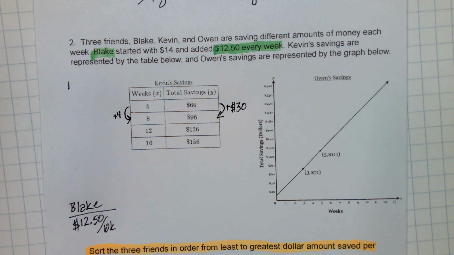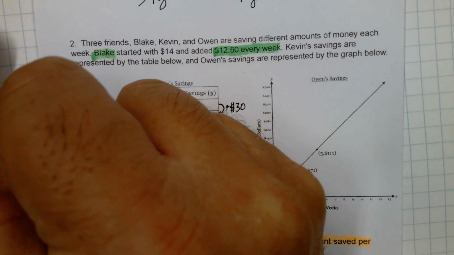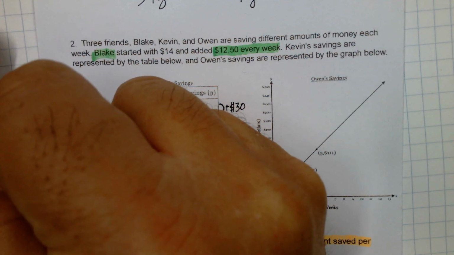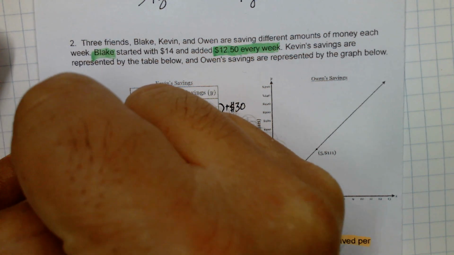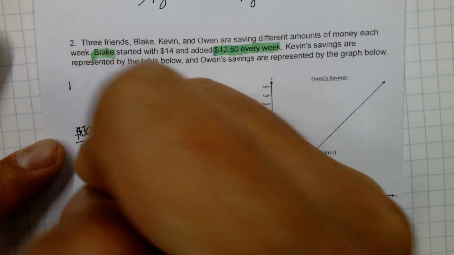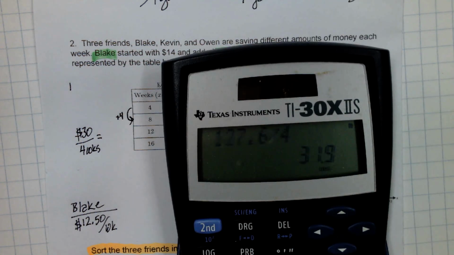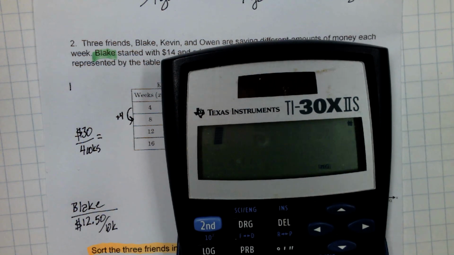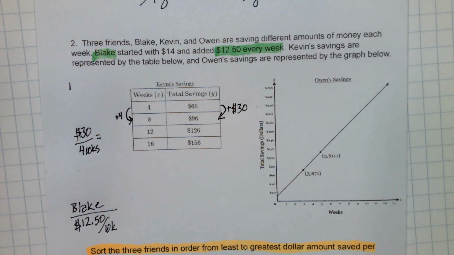But we want it for every 1 week. So over here on the side, why don't we do that? $30 divided by 4 weeks. And what's that going to give us? Again, calculator time. 30 divided by 4. You get $7.50 a week.